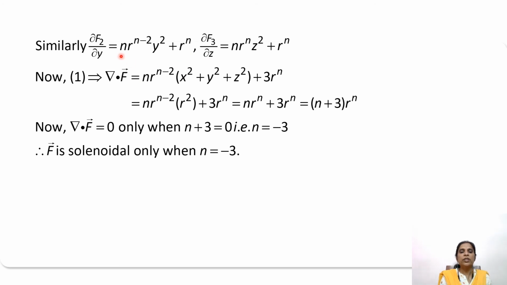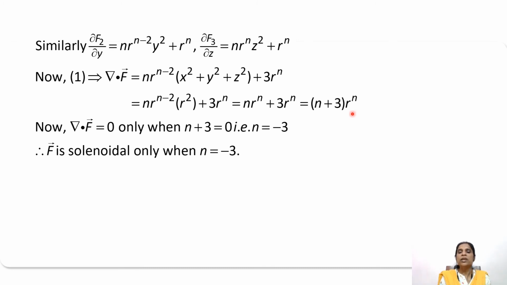Now you are ready with ∂f1/∂x, ∂f2/∂y and ∂f3/∂z. Substitute them together and use x² + y² + z² equal to r². Simplifying will give you the expression (n + 3) r^n. So we have got the divergence of f in this case as (n + 3) r^n. And we know r is not 0 except at the origin.